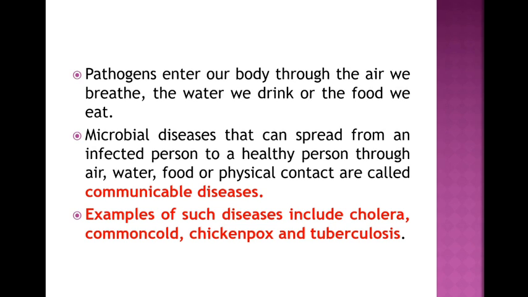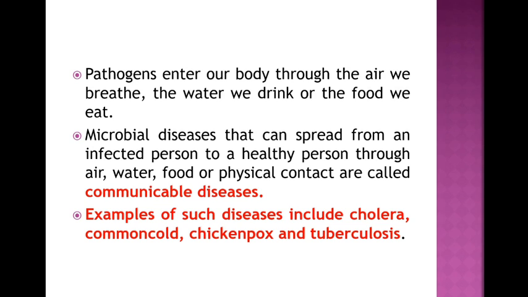So what is meant by a communicable disease? The microorganism spreads from an infected person to a healthy person through air, water, food or physical contact. Examples are cholera, common cold, chickenpox and tuberculosis.